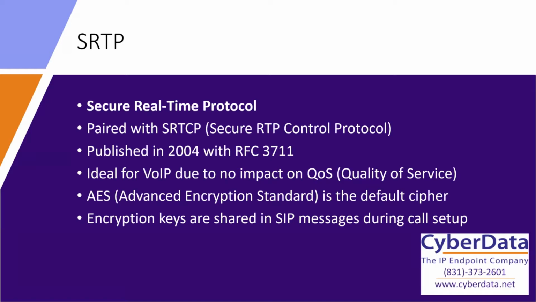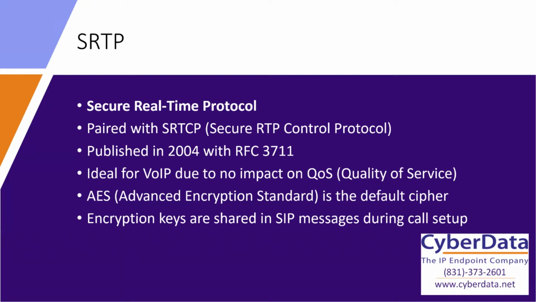And the SRTP protocol, which is basically, again, just a way to encrypt the data that's going back and forth between the two devices, the actual audio that's going back and forth, uses what's known as AES, or Advanced Encryption Standard, as the default cipher. That's pretty standard in terms of encryption algorithms or ciphers that are used for the encryption.